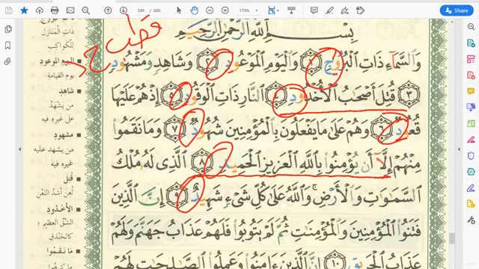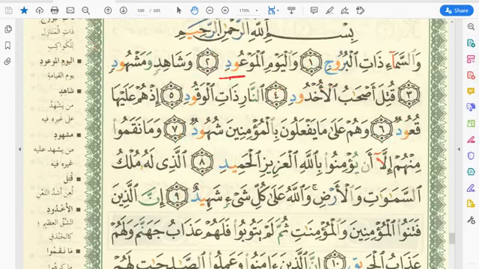Whether you're completing a sentence, if it's at the end of a sentence, it's going to be qalqala, and it's going to be qalqala whether you're completing or whether you're stopping.